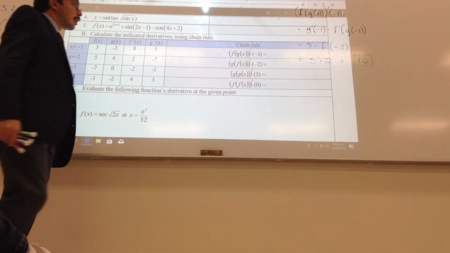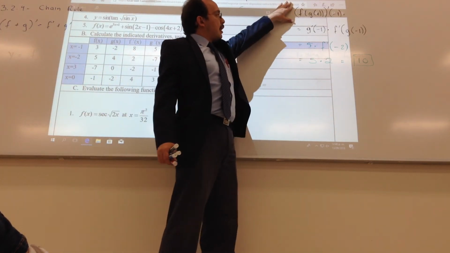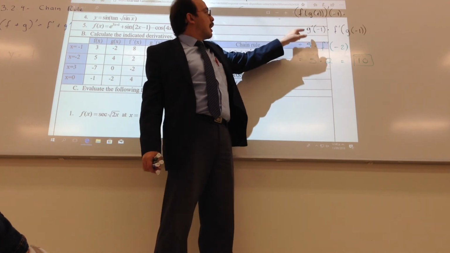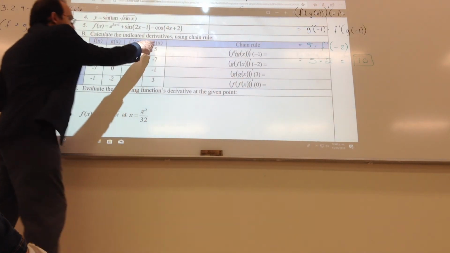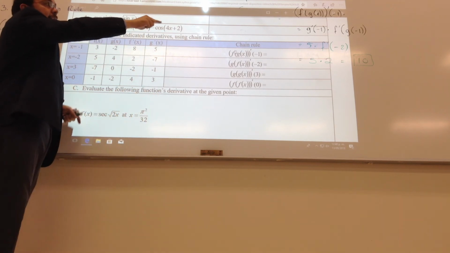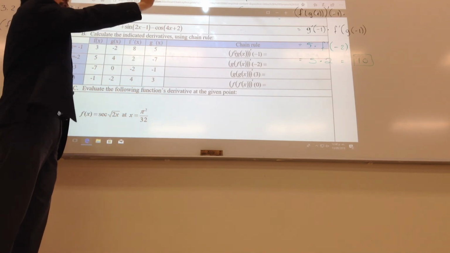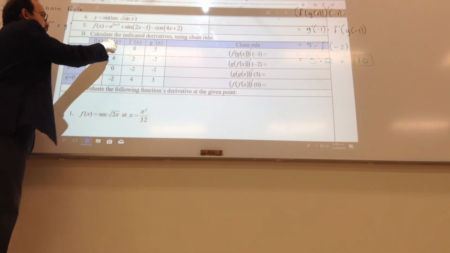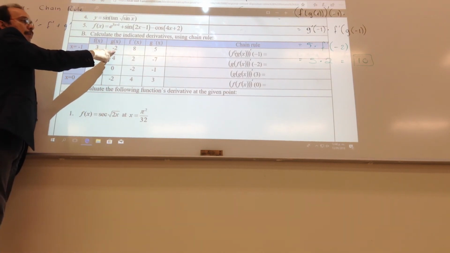I repeat. This is the question, this is the formula applied, right? Now, g prime of minus 1 is 5. Then it says f prime of g of minus 1. So first, g of minus 1 is minus 2.